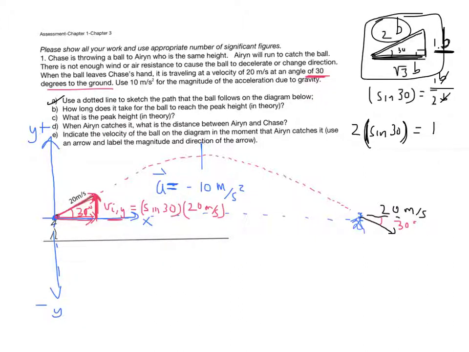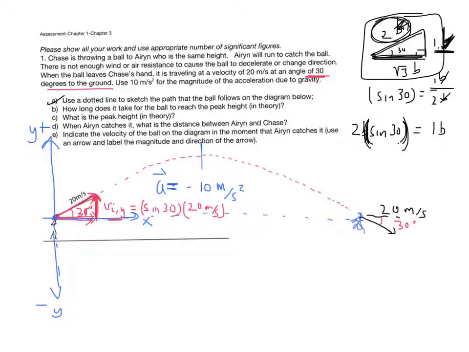So I also know that the length of this is always going to be the hypotenuse times the sine of the angle. If the hypotenuse is 2b, then it's 2b sine 30.